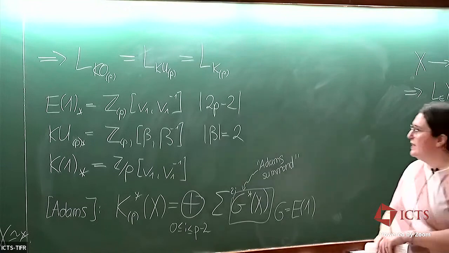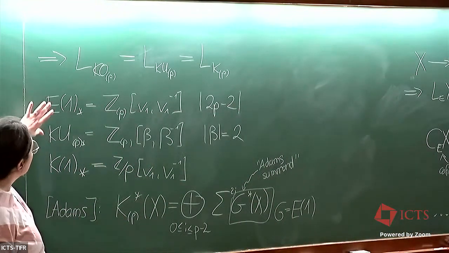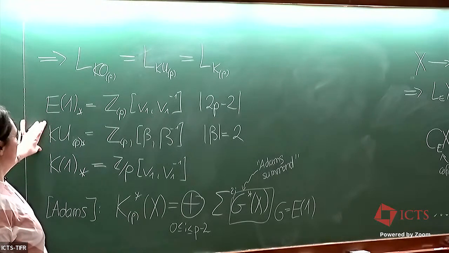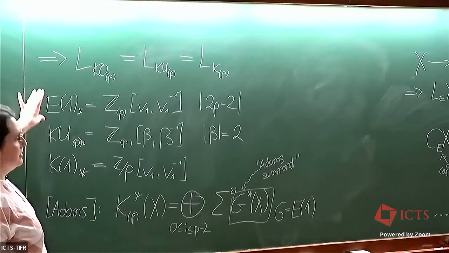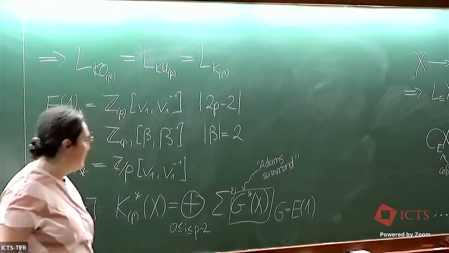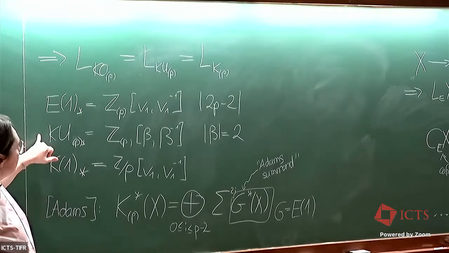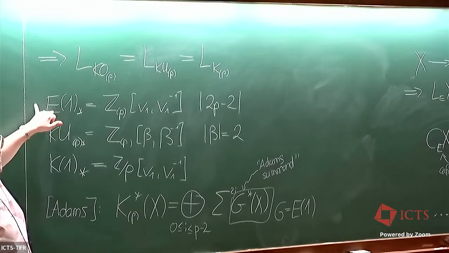So you can already see if you just took X to be the sphere, this splits into lots of shifted copies of that, and it's even the correct index. But yeah, also as a spectrum, this one splits into lots of shifted copies of this spectrum.